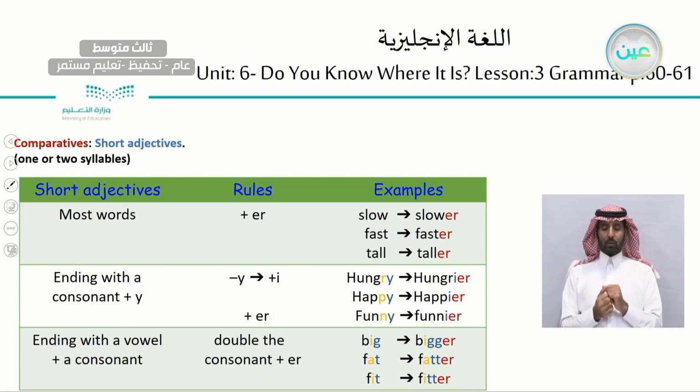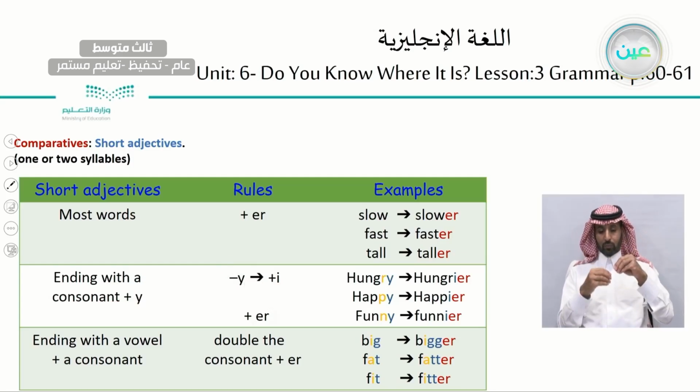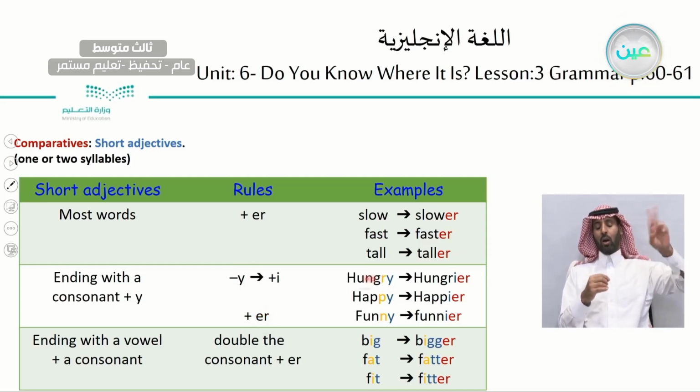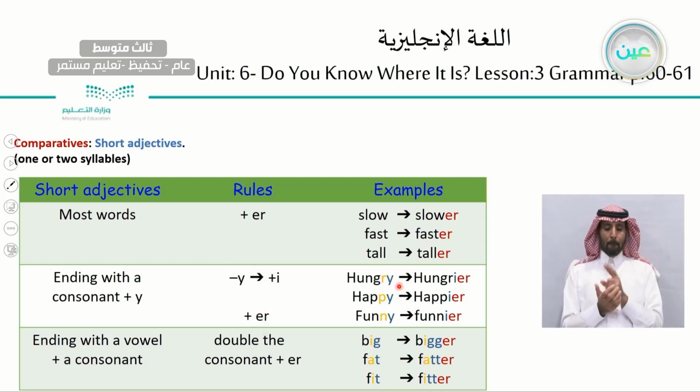What do we do? What is the rule? We remove the y, we add I-E-R. Like here, hungry, we crossed the y, we added I-E-R, hungrier. Happy, happier. Funny, funnier. Okay?